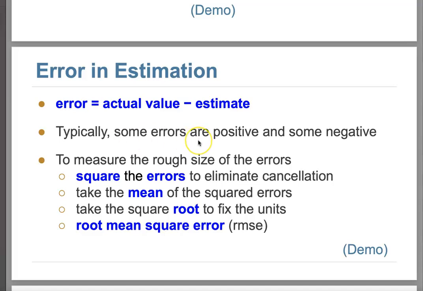So when we want to measure the smallest error, we need to make sure the errors won't cancel each other. First we square the error, then we find the average of those squared errors, then we take the square root to change the unit back to the original one. This we call the root mean square error.